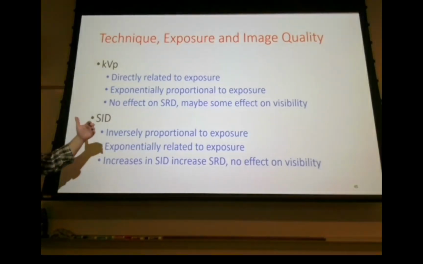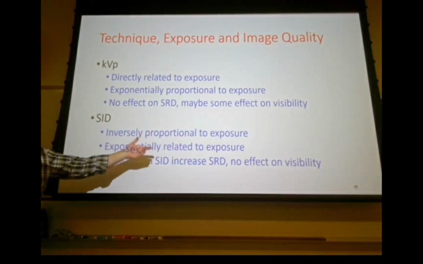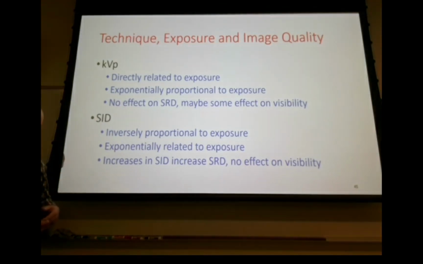But visibility is primarily scatter and scatter cleanup, and if kVp increases penetration of scatter and that scatter makes it to the image receptor, then potentially you could have some effect on visibility. I'm dancing around it because fundamentally it doesn't affect it that much. Patient thickness is going to have much more of a play on that than kVp.